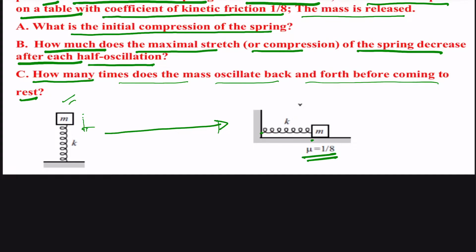In the first part, it asks what is the initial compression of the spring. Initial means the first case, or we can say this is our initial position of the spring.